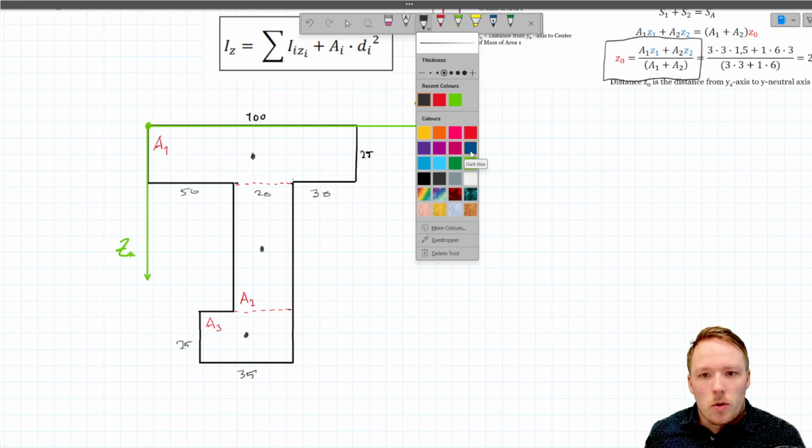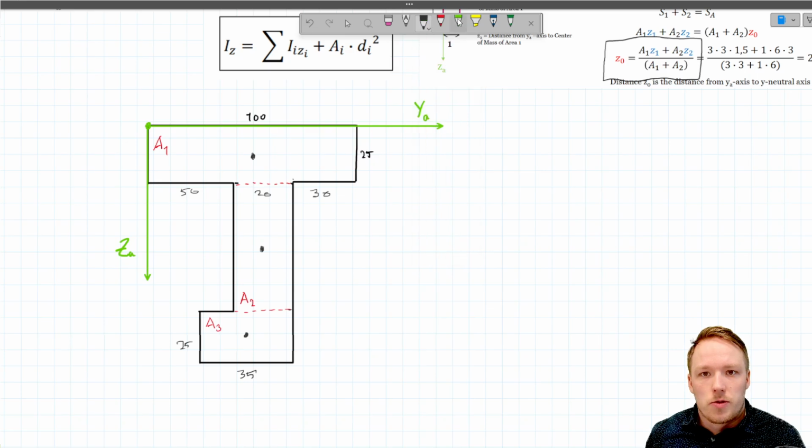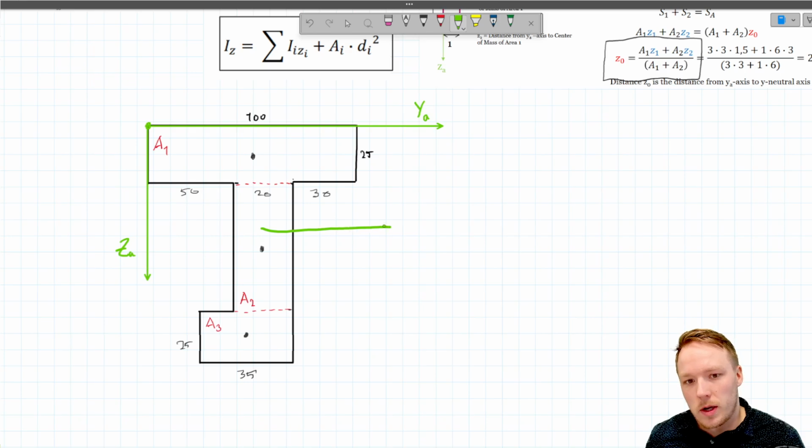Now I also like to draw the estimated location of the y-axis. By looking at this cross section, I could estimate that the y-axis is probably going to be located somewhere in here.